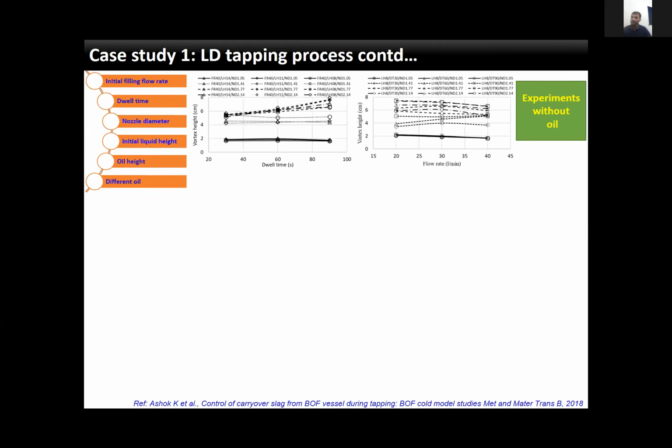A 140 ton BOF can operate with 130 ton, 150 ton, sometimes 160 ton also, based on the life of the vessel, so the liquid height comes into the picture. And oil height is the amount of slag, and type of oil simulates the slag with different physical properties: viscosity, interfacial tension, all these things.